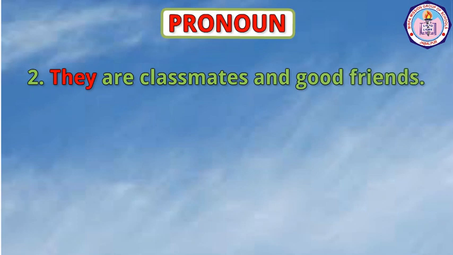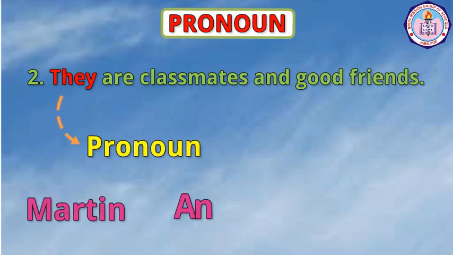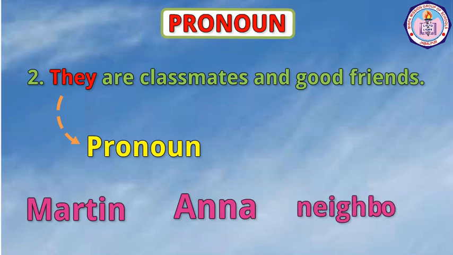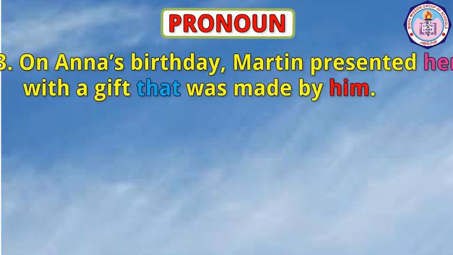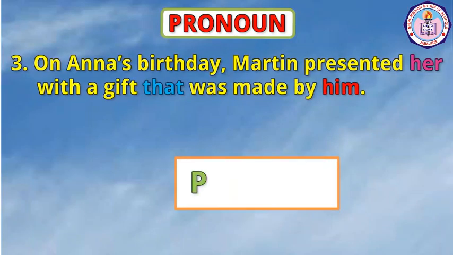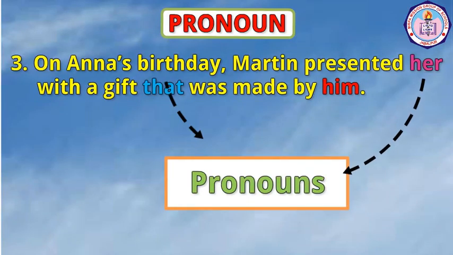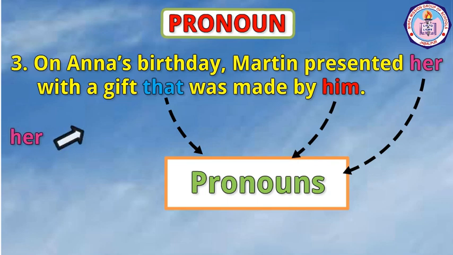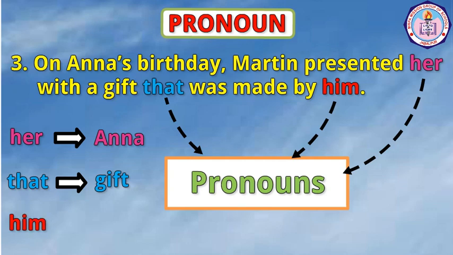In the first sentence, there are no pronouns used. In the second sentence, they is the pronoun. It is used in place of Martin and Anna and neighbors simultaneously. In the third sentence, the pronouns are her, that, and him. Here, her stands for Anna, that stands for gift, and him stands for Martin.